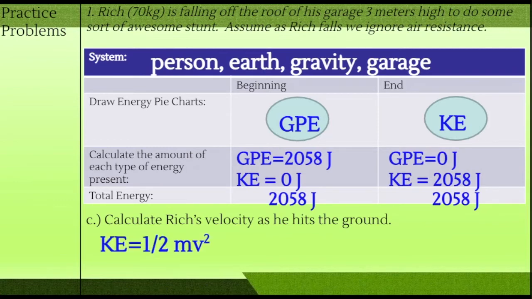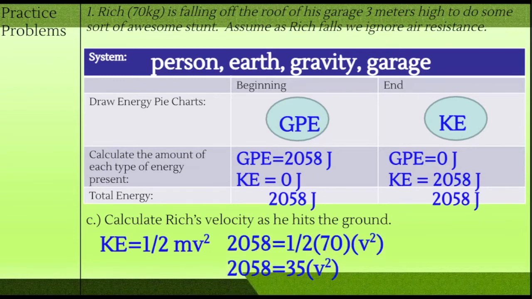If we're talking about velocity, we're going to need the kinetic energy equation. That tells us that kinetic energy is equal to 1/2 mv squared. We know our mass and we know kinetic energy, so we can plug that in. Kinetic energy is 2058, 1/2 is 1/2, m is 70, and v is unknown.